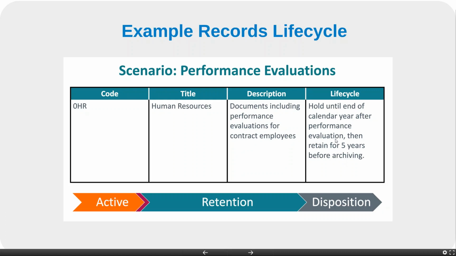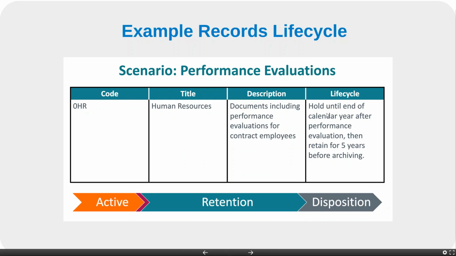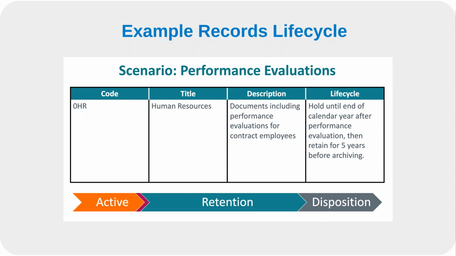All right, so this document is active until there's an event, which is the performance evaluation, plus time, which is the end of the calendar year. So this is an event plus time-based cutoff. So we would enter the filing date and the event date.